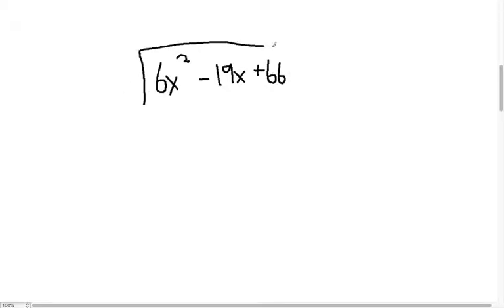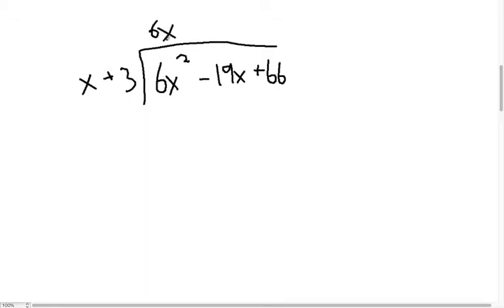Once again, we must divide. So we take the value that we're trying to simplify even further, 6x squared minus 19x plus 66, and divide it once again by x plus 3. So we find out what you have to multiply x by to get 6x squared, which is simply 6x.